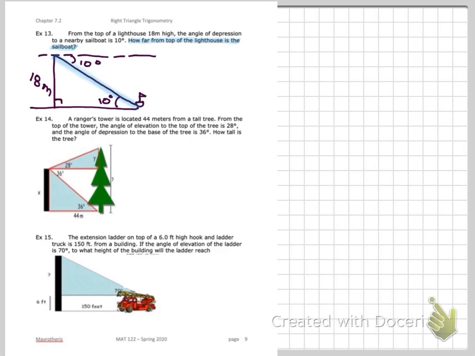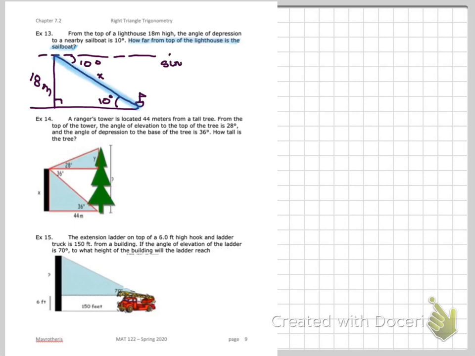We are looking for this side. It's important that you figure out which piece you're looking for, then go back and reread the problem. Make sure that you are not misreading anything. So we are trying to find the hypotenuse. We have the opposite of the angle.